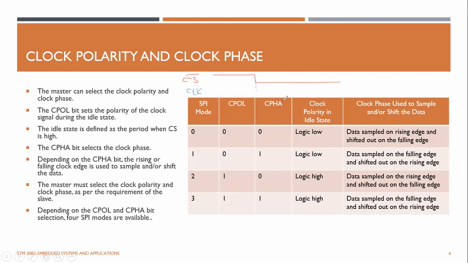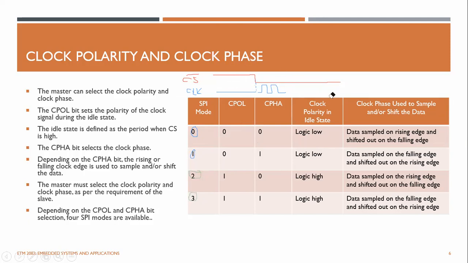Your clock generator will generate some clock pulses. If it is initially at logic low, it could be either SPI mode 0 or 1. If it is at logic high, that could be SPI mode 2 or 3. That is the polarity.